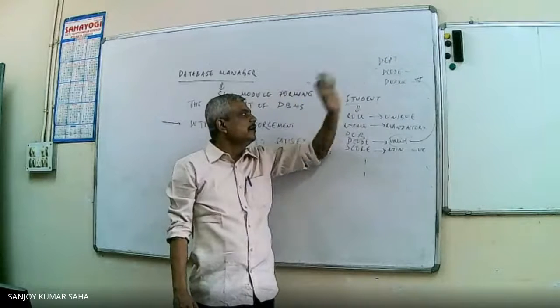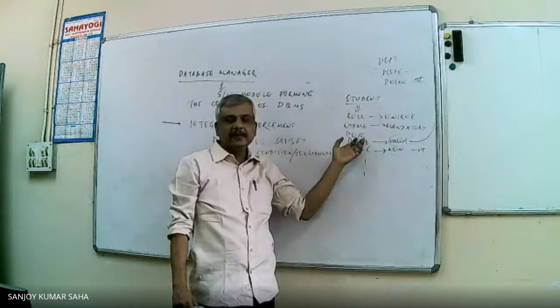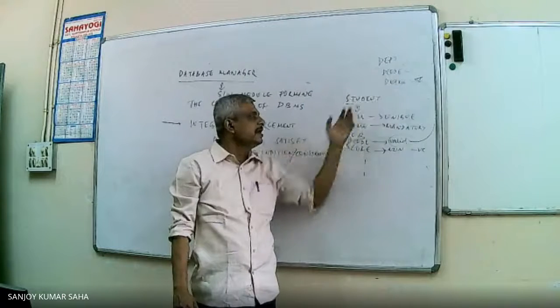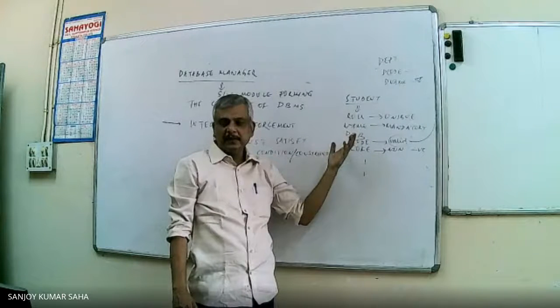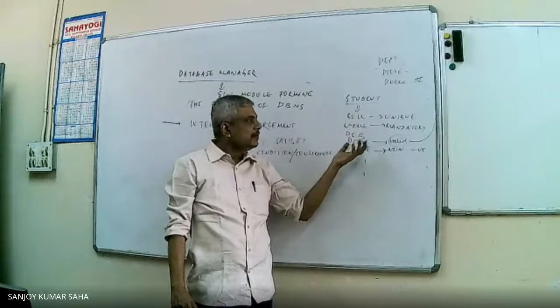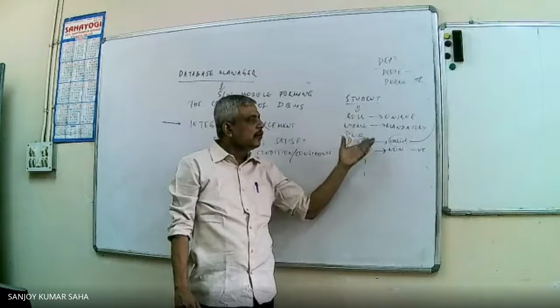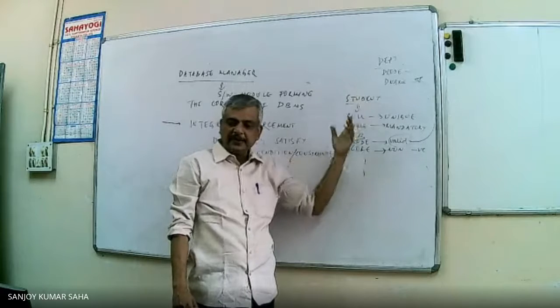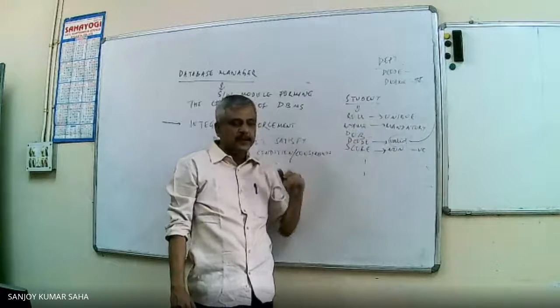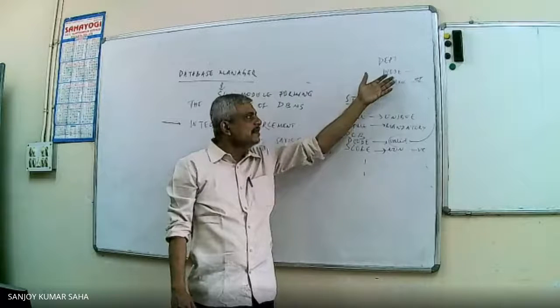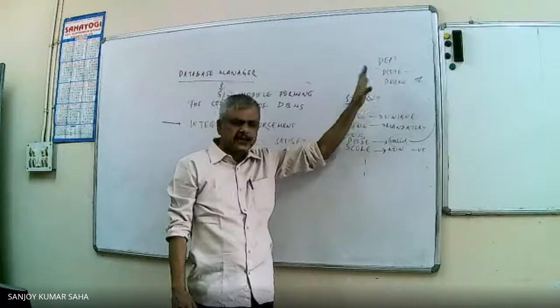Now, if some student corresponds to that department code, then see what will happen. Unfortunately, that student is becoming an orphan. The department does not exist, but he or she is studying in that department. So whether that will be allowed or not, what will be the policy?